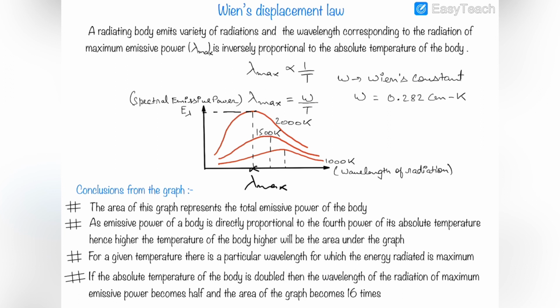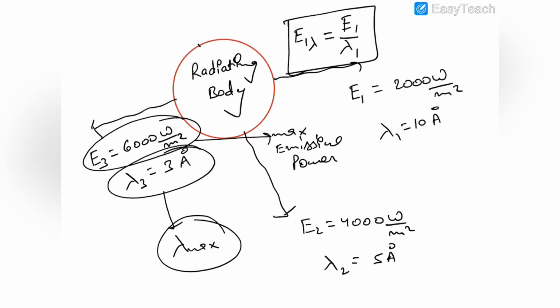And obviously if we say the total emissive power of the body, in this case the total emissive power would be the sum of all these emissive powers. So we can also write that in this case the total emissive power would be E1 lambda into lambda 1 plus E2 lambda into lambda 2 plus E3 lambda into lambda 3.